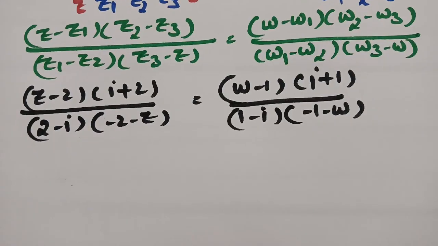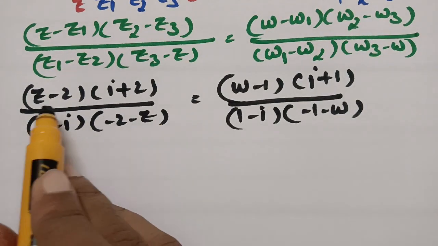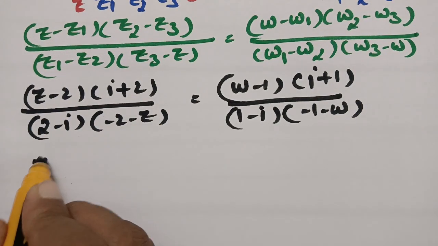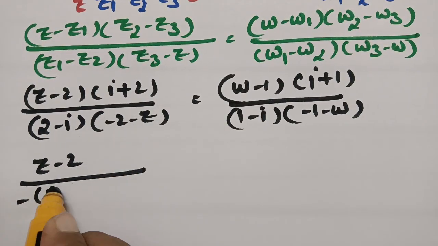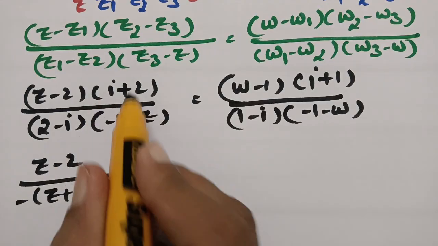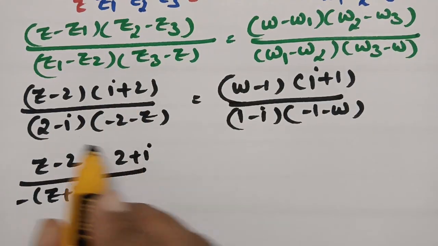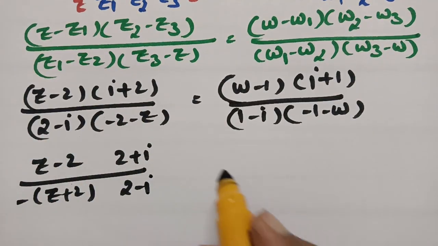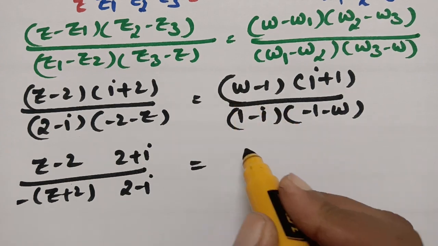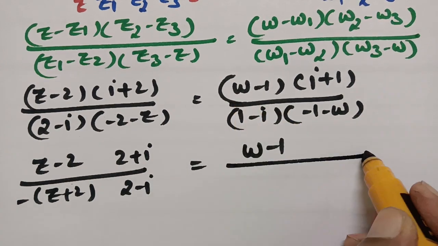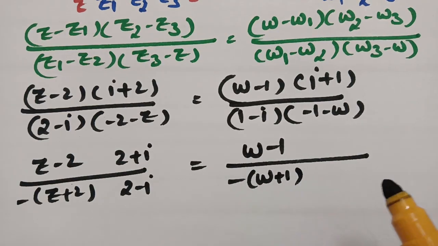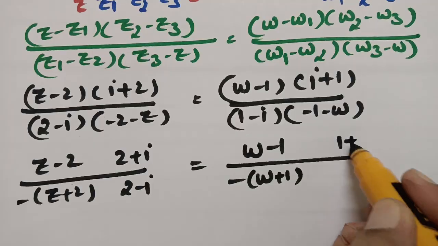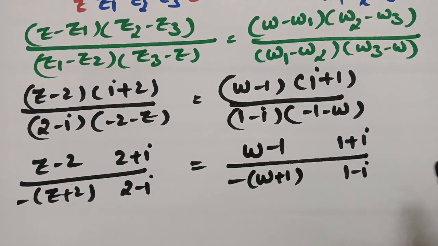The next step is to keep the z terms in one place. This is z minus 2. In the denominator, if I take minus common, this will be z plus 2, and these values are 2 plus i and 2 minus i. In this term also, this is w minus i, and if I take minus common, this will be w plus 1, with 1 plus i and 1 minus i.